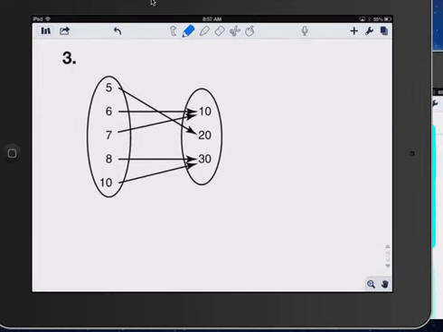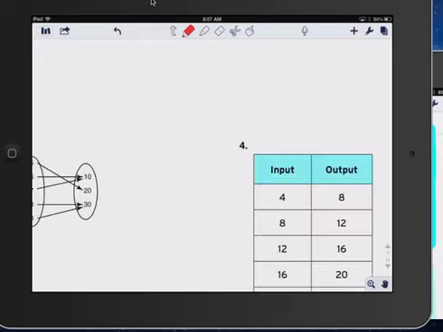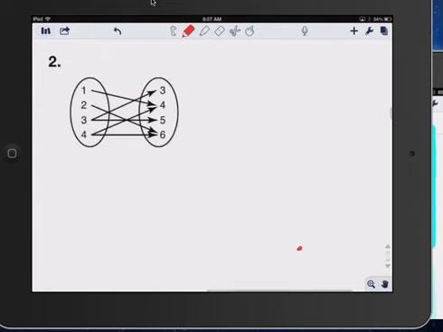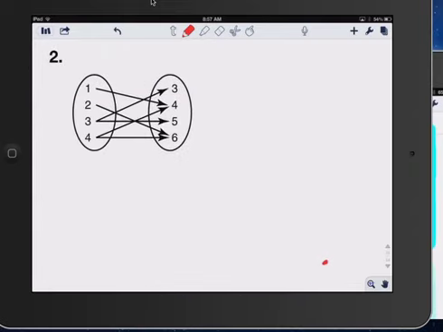Look at letter number 2. It was 1, 4. Right? If you input 1, what will you get? A 4, right? 2, 6.